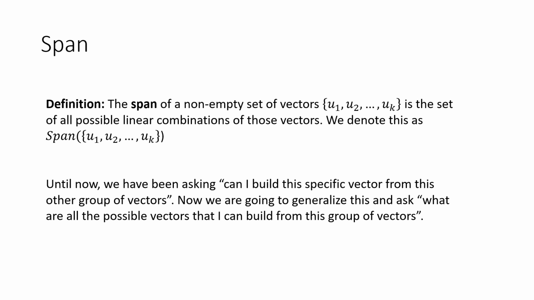So the span is the set of all possible linear combinations of those vectors, and we denote this as the span of those vectors. This is turning it around. It's not asking, is something a linear combination of other things? It's saying, describe all of the possible linear combinations of something. And we're going to be using this span throughout the course.